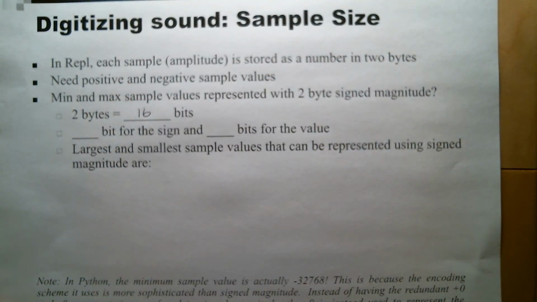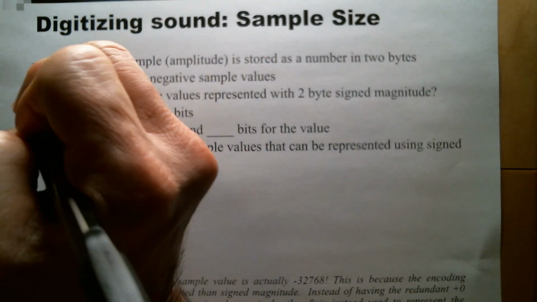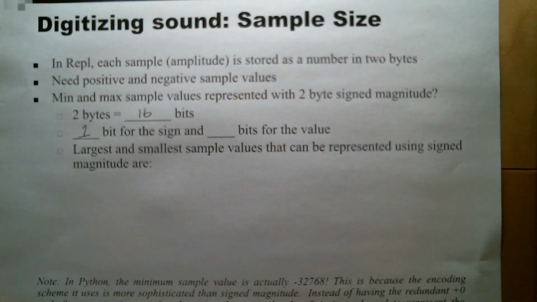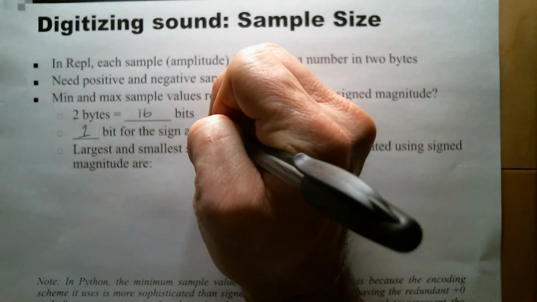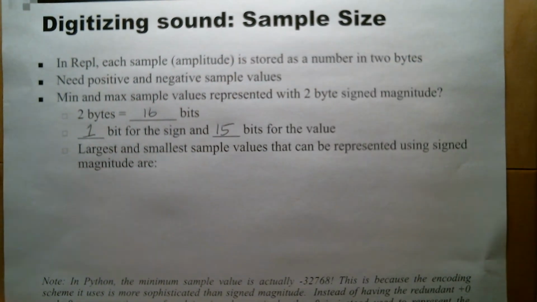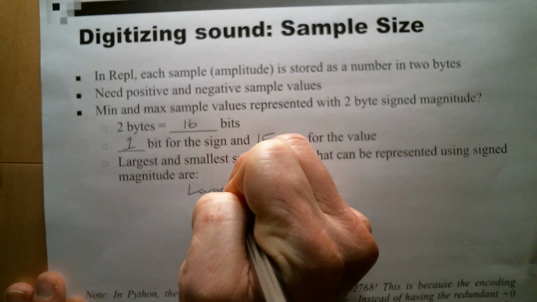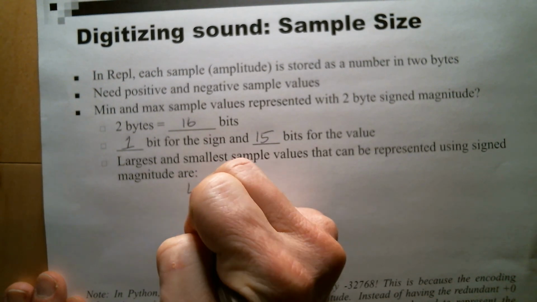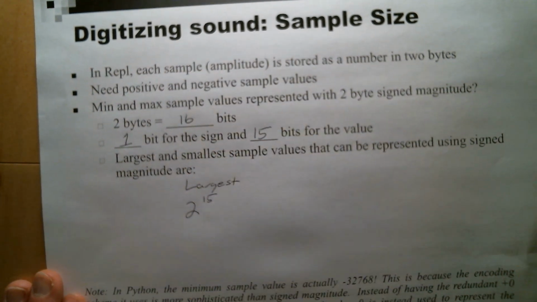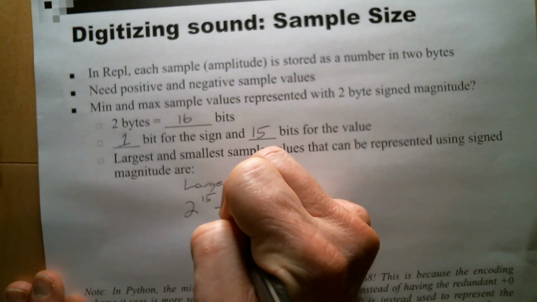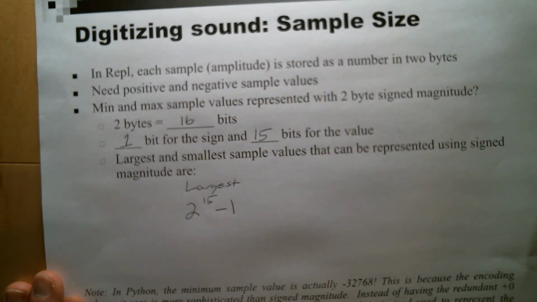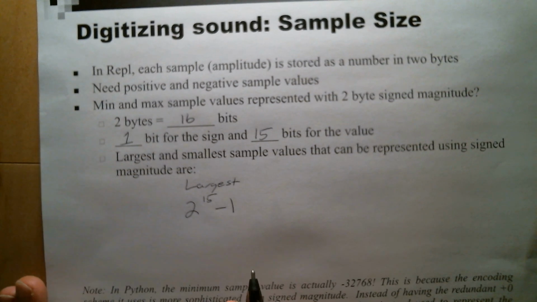All right, sign magnitude, we learned in the very first unit, uses 1 bit for the sign and then 15 bits for the value. So the largest and smallest sample values we can find by saying, okay, well, the largest value is going to be 2 to the 15th minus 1. The reason we're subtracting 1 is because, remember, we have to count 0.